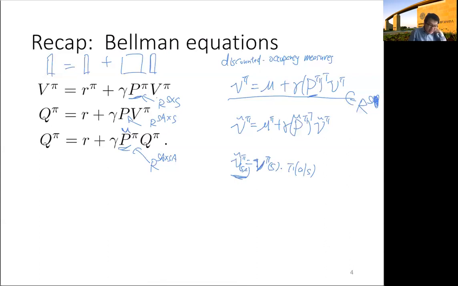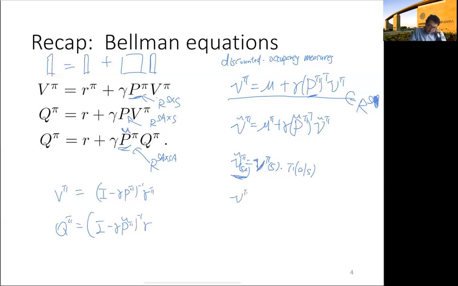Okay, so what is nice about these Bellman equations is that they're linear systems of equations, and we can work out the closed form solutions for all these quantities. For instance, V pi we can write as the inverse of identity matrix minus gamma P pi, times r pi. And Q pi is equal to identity minus gamma P pi tilde inverse, times r, right?